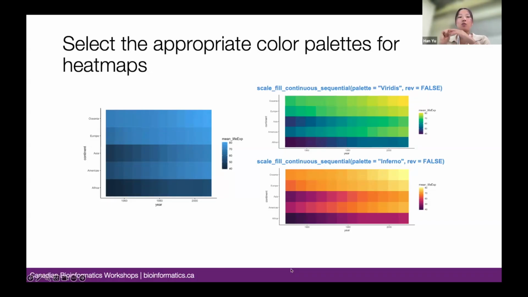By using well-designed sequential palettes like Viridis and Inferno, we can improve the clarity and effectiveness of heat maps, ensuring that the key patterns in the data are clearly visible. So in these two, we use the defined Viridis and Inferno color palettes to better show the pattern of the heat map.